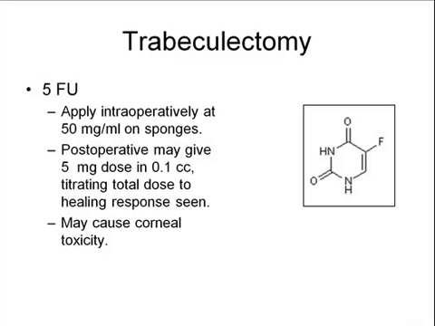You basically can apply 5-FU intraoperatively on sponges at a concentration of 50 milligrams per ml. But again, we typically use mitomycin intraoperatively now, partly because there's a longer half-life.